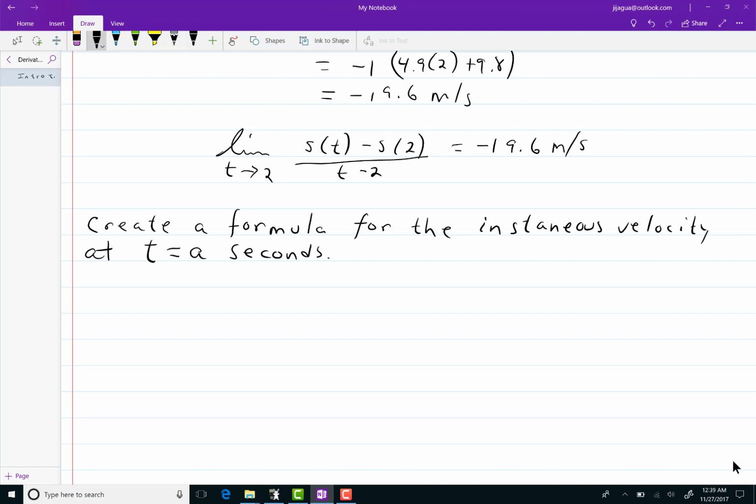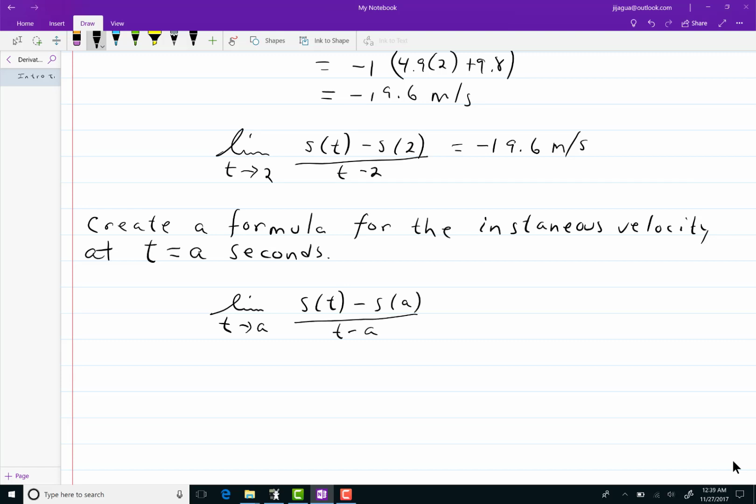Well, then I'm going to have to do something like this. The limit as t goes to a, s of t minus s of a all over t minus a.